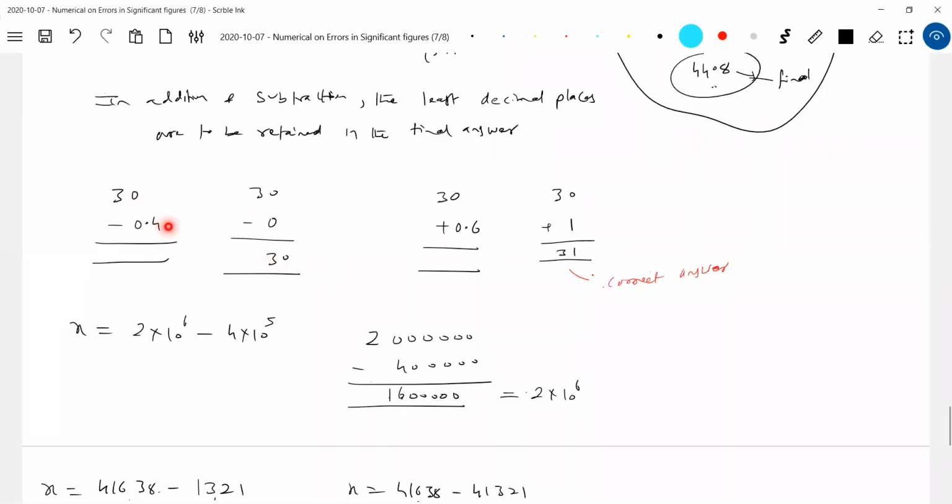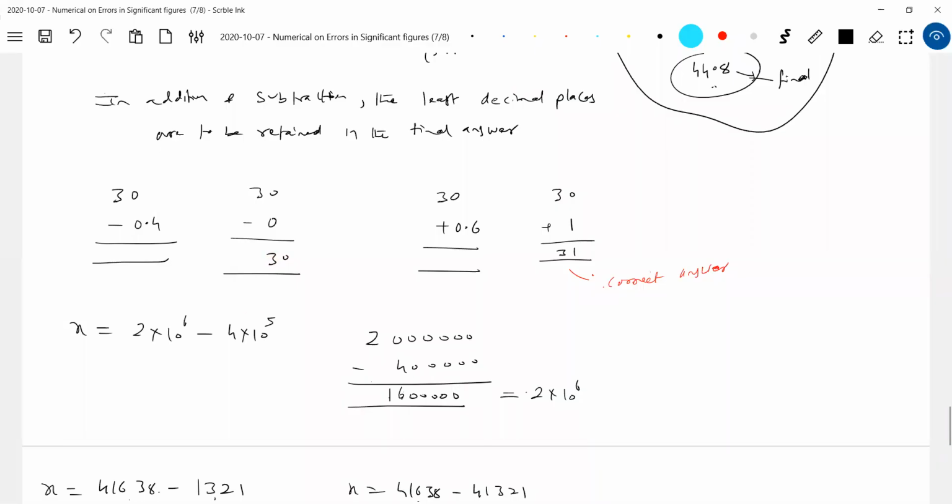Do express final answer in due regard to significant figures. Means your answer should be this one, not this one. 20.6, no, that is not the answer. 30 is your answer. Express your final answer with due regard to significant digits. If they say like this, your answer should be this one only. I'm making things clear.